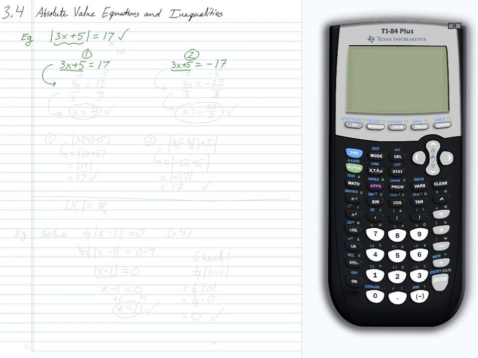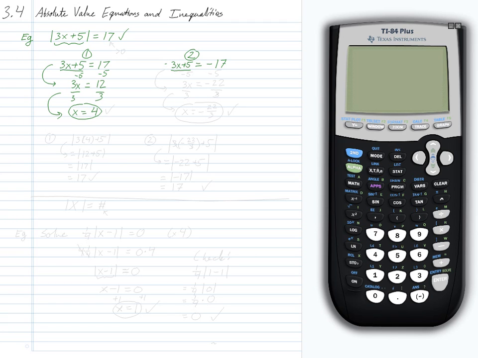So if 3x plus 5 equals 17, I can subtract 5 from both sides. We see then that 3x equals 12. So dividing by 3, we see that x equals 4 is one possible solution. We'll come back to that.